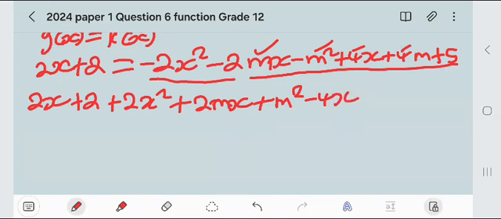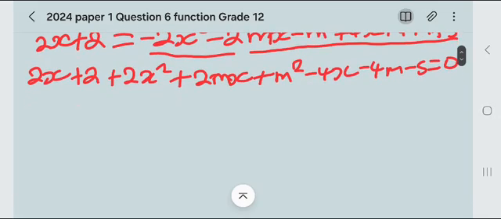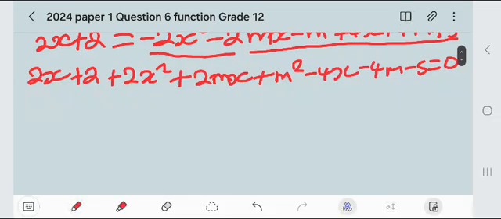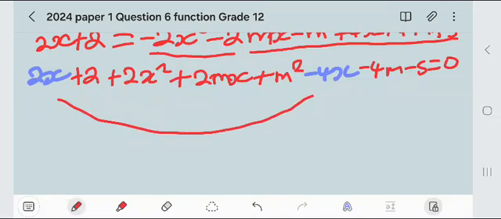Transposing that will be minus 4m, and that will be minus 5. This will be equal to 0. This is what we have now. Here 2x minus 4x are like terms, which gives minus 2.